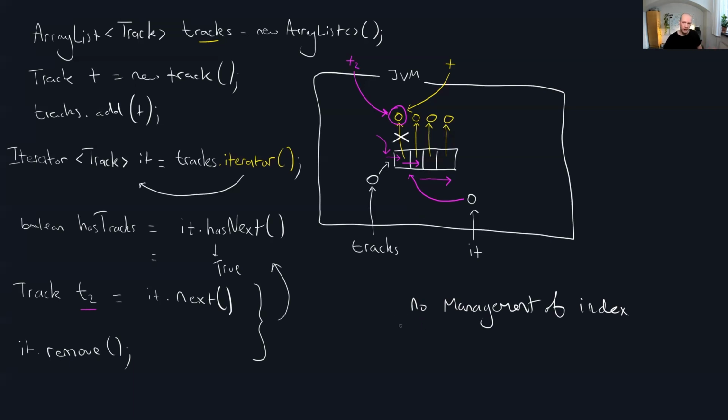All of that is taken care of. Basically all of the details of management of an index are abstracted away, and you don't actually have to deal with them, which is kind of nice because it means you don't run into some of the possible bugs that you might get.